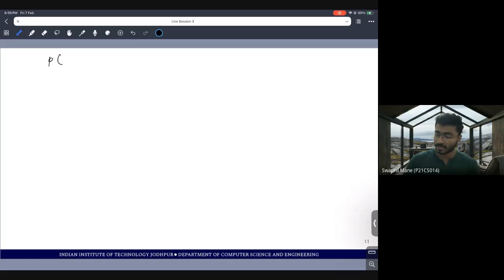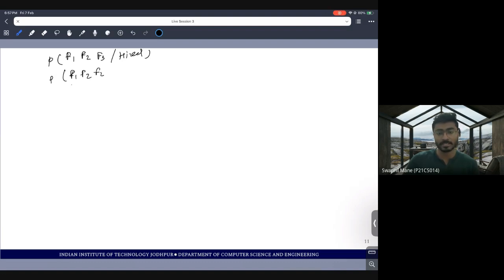So here we have to identify that given this many features, feature 1, feature 2, feature 3, what is the probability that these features with specific conditions belong to the hired class? And also we need to quantify the probability given the same condition of the features.